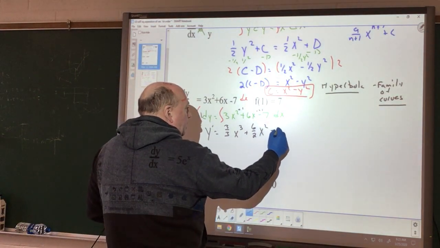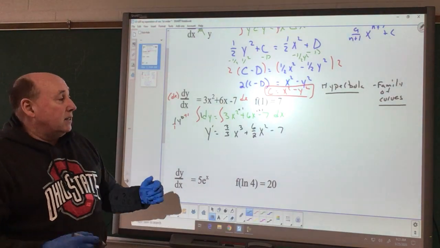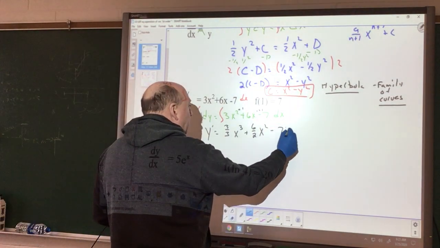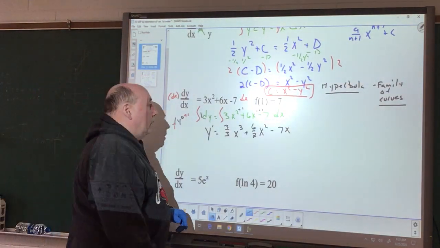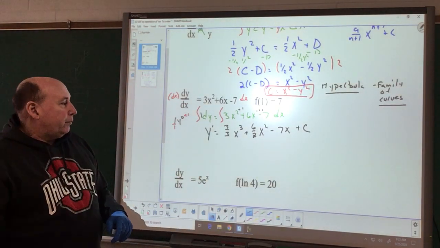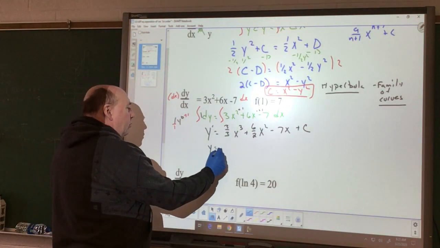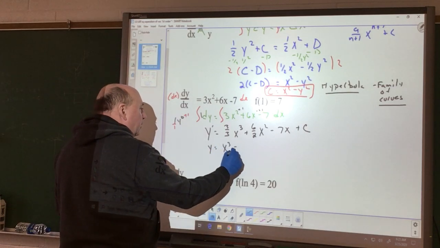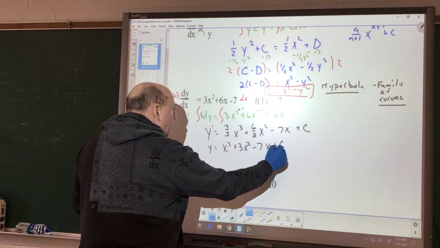Minus 7, antiderivative of a constant, once again, is going to be the constant times x, just like this just turned into y, plus this value of c. So simplifying this, we have y is equal to x cubed plus 3x squared minus 7x plus c.